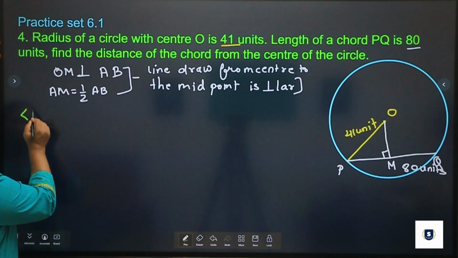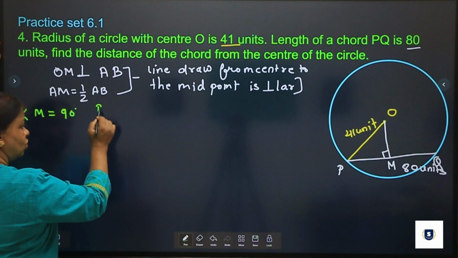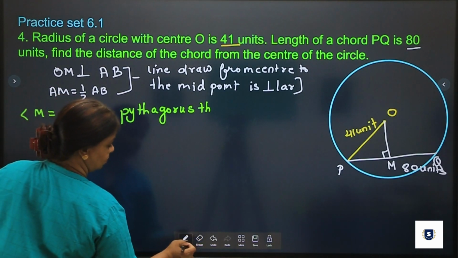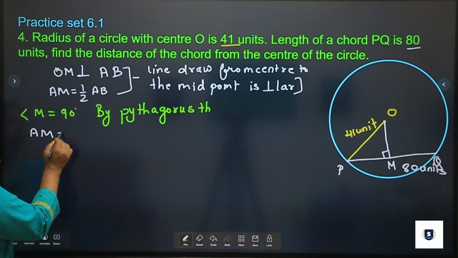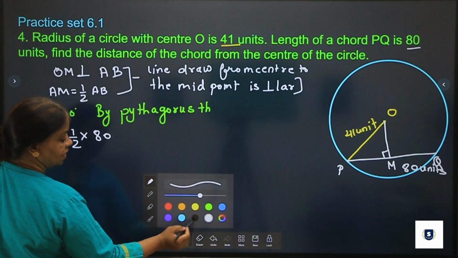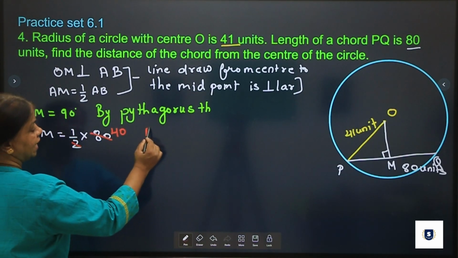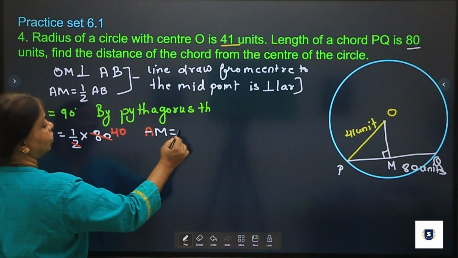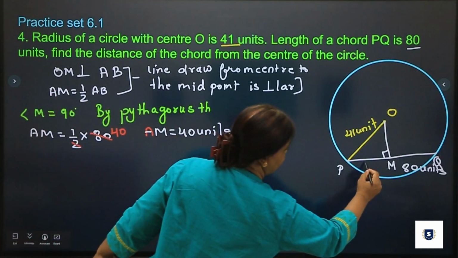Angle M is equal to 90 degree. Therefore, by Pythagoras theorem, first we will find out AM. AM is equal to half of 80 unit, that is equal to 40. So AM we got 40 units.